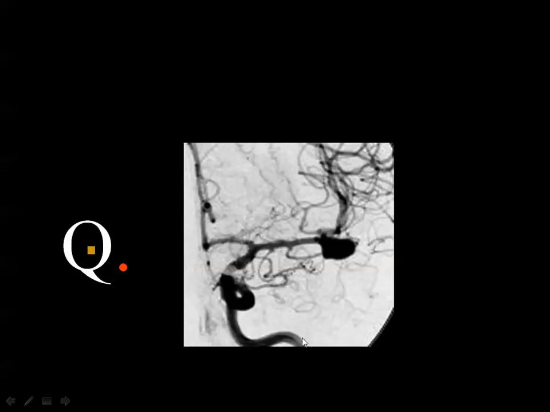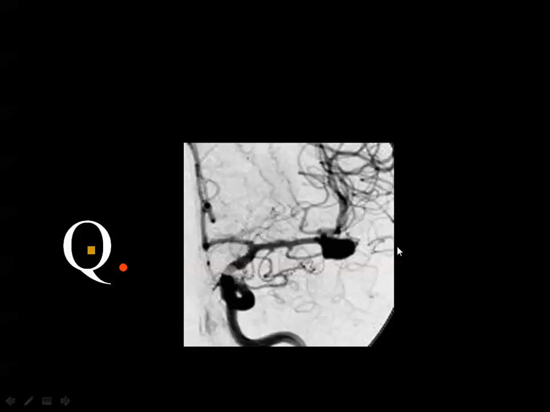Yes, this is DSA angiography of the internal carotid artery on the left side. What do you think? Yes, the saccular aneurysm. We have many different types of aneurysms: the saccular, fusiform, oncotic, mycotic.